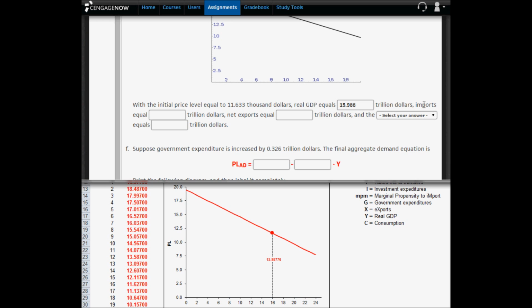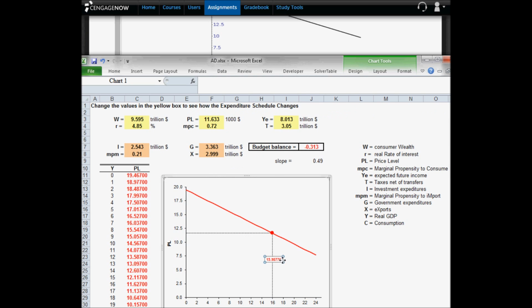We want to know what imports equal. Remember, imports equals the marginal propensity to import times real GDP. So the marginal propensity to import is 0.21. We're going to multiply that by 15.98776, this value right here.